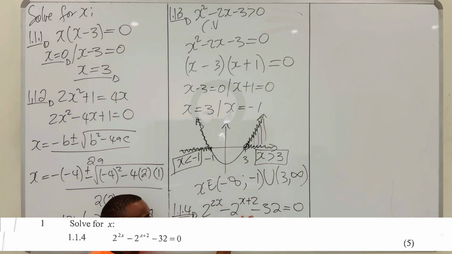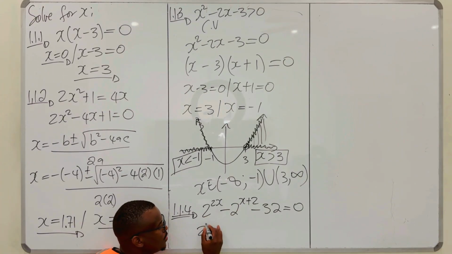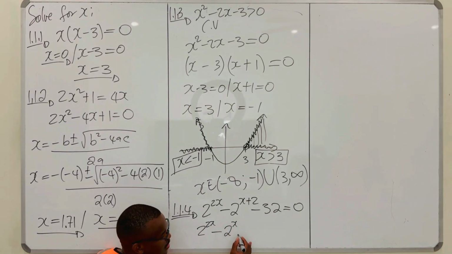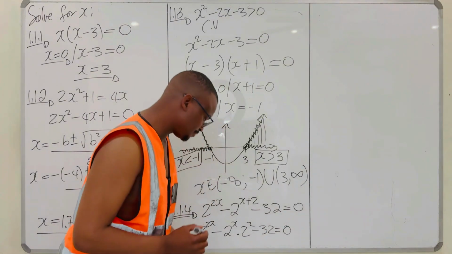So this is an exponential equation. Let's break this down so that this looks similar to this. So this is 2 raised to 2x minus 2 raised to x times 2 raised to 2, minus 32 is equal to 0. Are you happy with this?